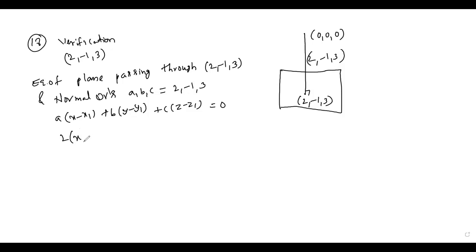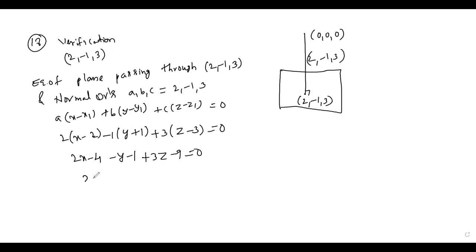A value 2 into x minus 2, B value minus 1, y minus of minus 1, plus 3 into z minus 3 equal to 0. 2x minus 4 minus y minus 1 plus 3z minus 9 equal to 0. 2x minus y plus 3z minus 10 minus 14. You can see which option is correct. Option B is the correct one, exactly, and B only will satisfy.